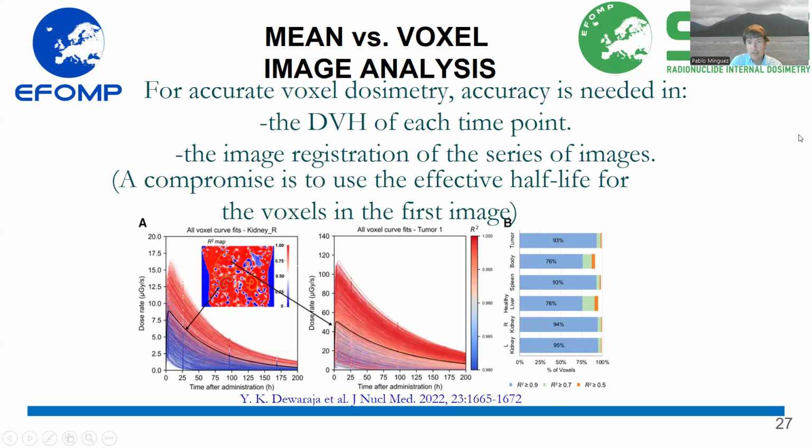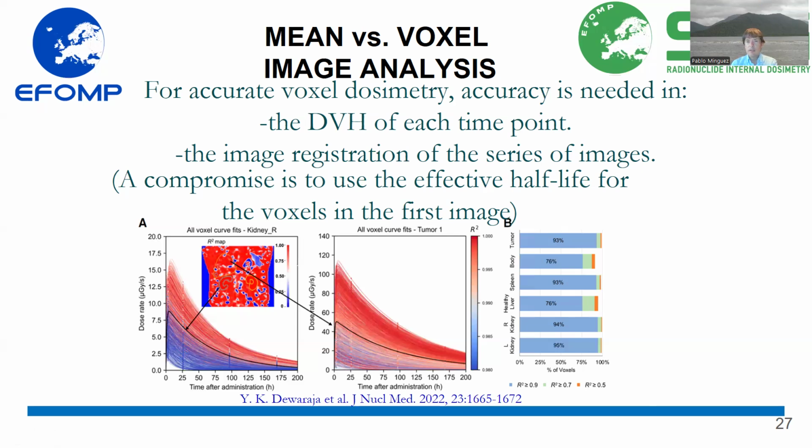So that means that the registration is quite good. But of course, this is a study performed by people with a great expertise, so this is not that easy. So as a first approximation, as I mentioned, we could just use the effective half-life of the mean volume.